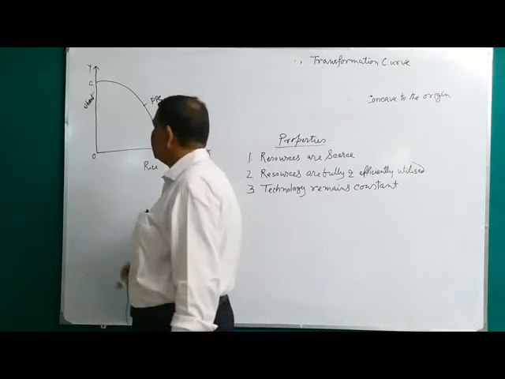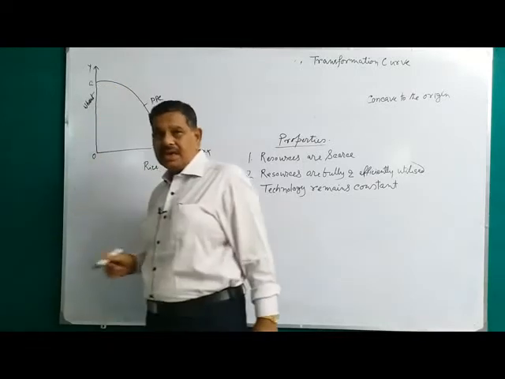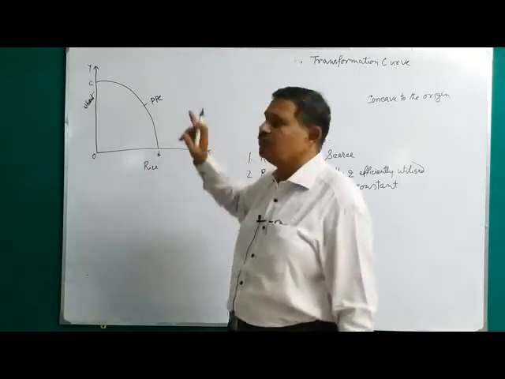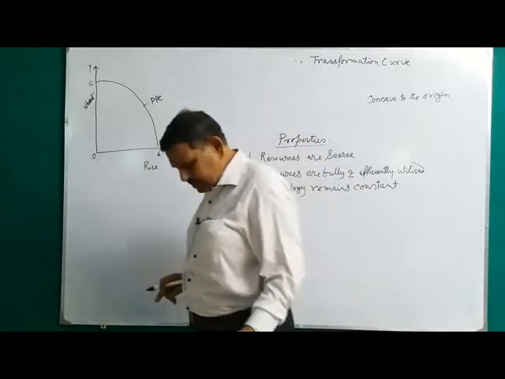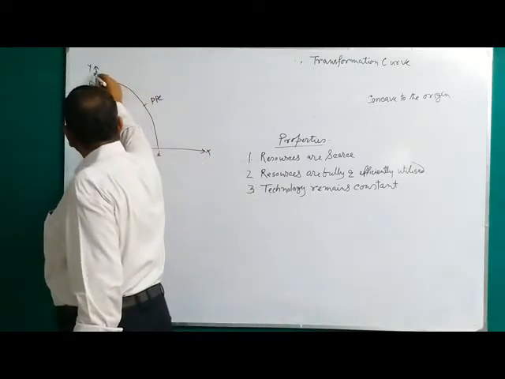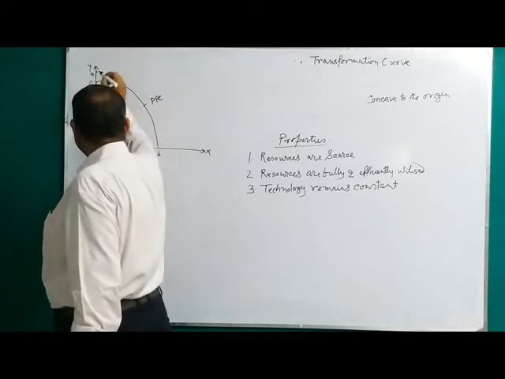Then what will happen? The same resources will enable you to produce more wheat. Suppose in place of A, you can produce A1, that is OA1 in place of OA.